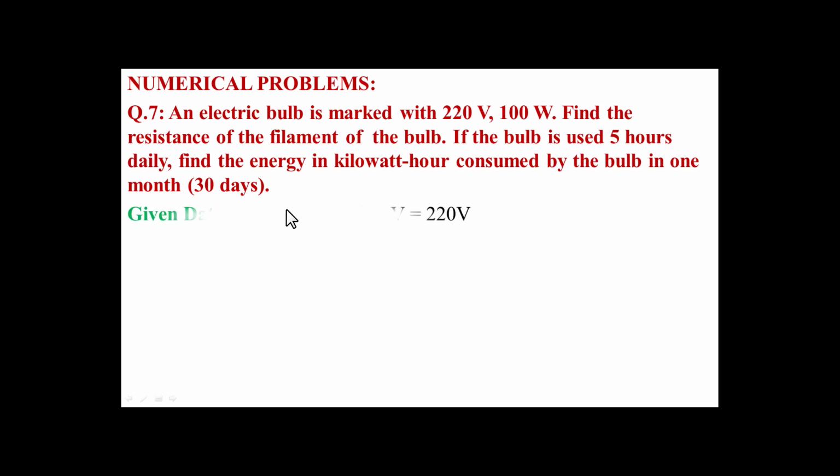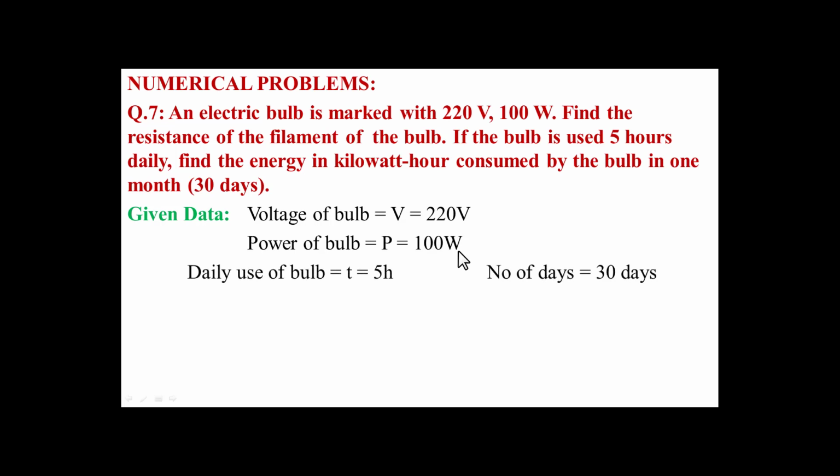Now write the given data. Voltage of bulb V is equal to 220 volt, and also power of bulb P is equal to 100 watt. Now we can write the daily use of the time, T is equal to 5 hours, and number of days in 1 month is 30 days.